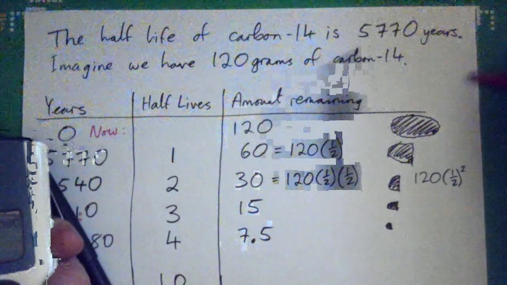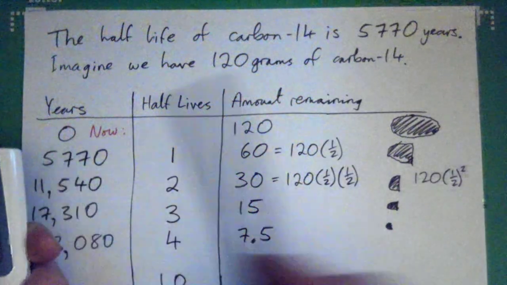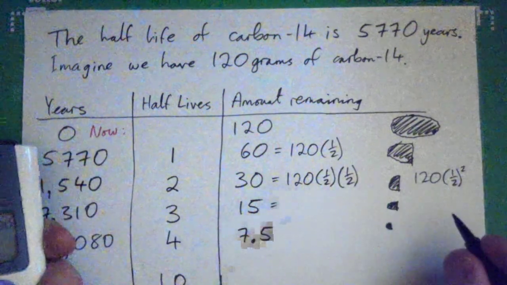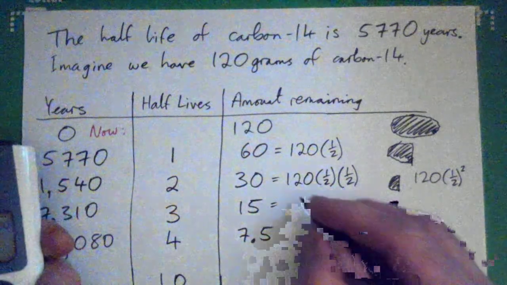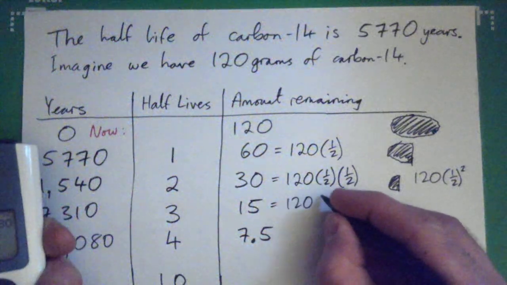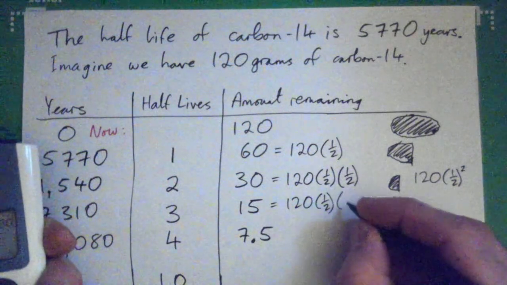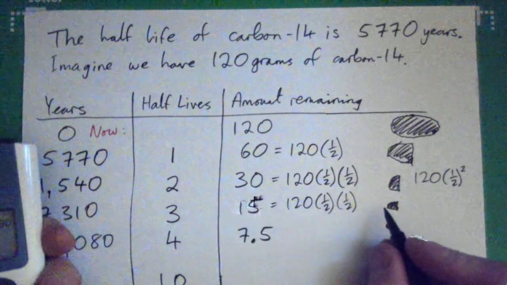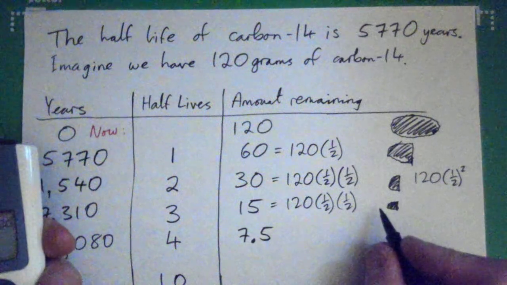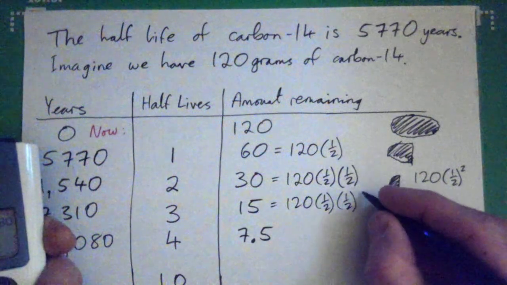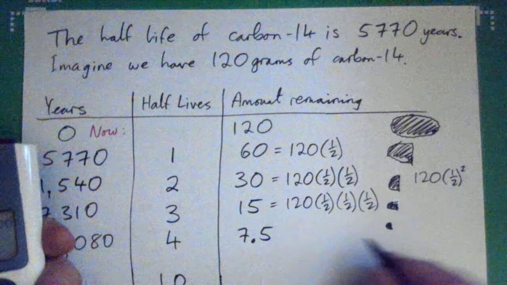Does that make sense? Now to get the 15, we could take our 120 times it by a half, that's 60, right? Times it by a half, and that's 30, isn't it? And then times it by a half again, and that's 15, right?